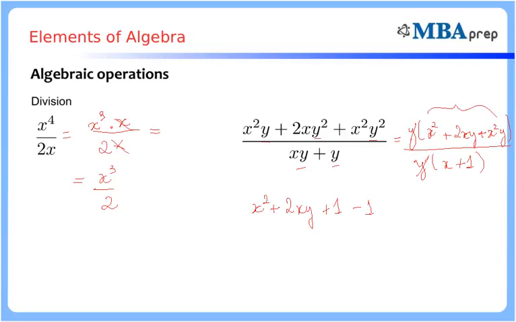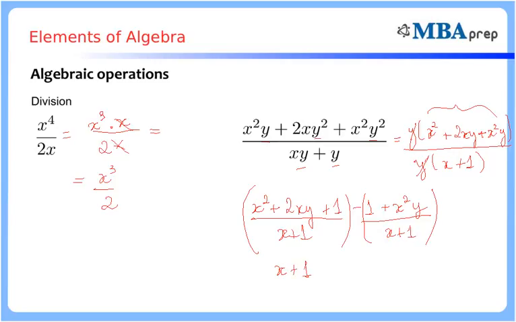I'm going to just explain you why to do this. Plus x squared y. Everything is divided by the same denominator, x plus 1. So this and this. The first is a perfect square divided by the root. So the result is x plus 1, because this could have been written like this.